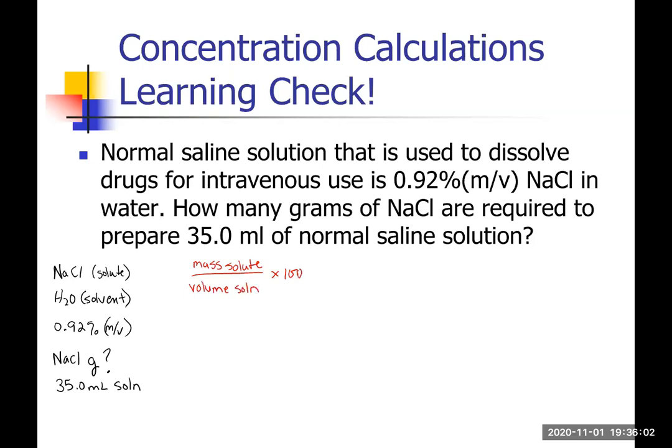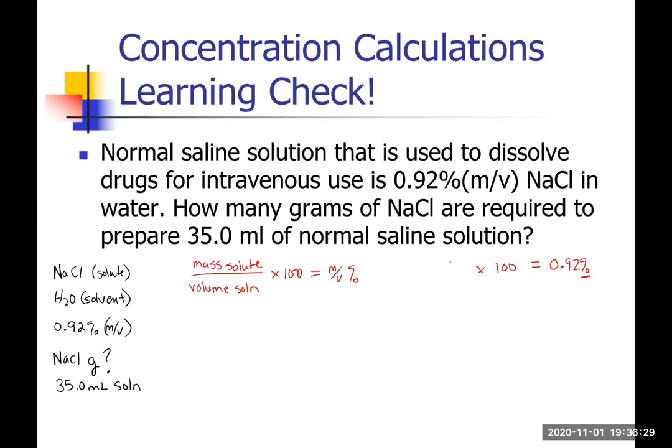Okay, so let's think about how this would work with 0.92%. Again, this equals the mass by volume percent. So if this has got to equal 0.92%, we know that we had to multiply by 100 to get a percent. That's how you get percent. You multiply by 100.